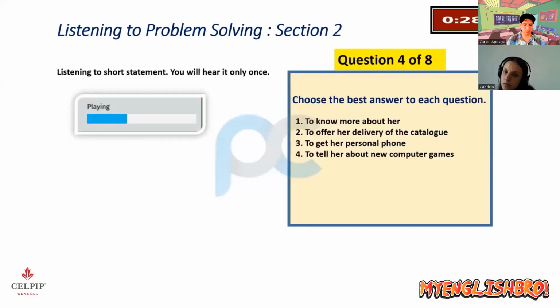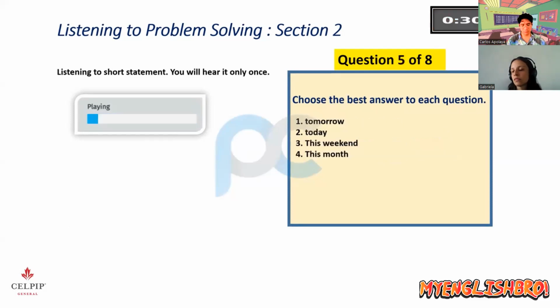Question 4. Why did the man call her again? Question 5. When will Alex send the computer games catalog to Tina?